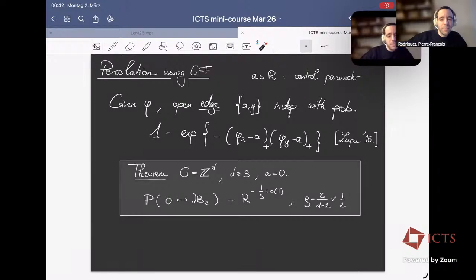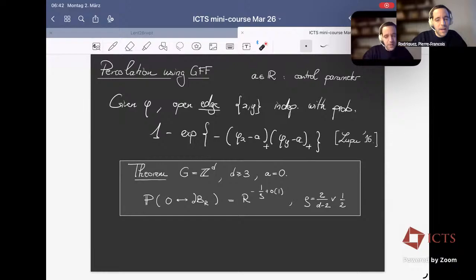From dimension 6 onwards, it stays constant, equal to 1/2. So rho equals 1/2. This probability decaying like r to the minus 2 is exactly what you have in the mean field regime in percolation in high dimension. So it's actually mean field from dimension 6 and above.